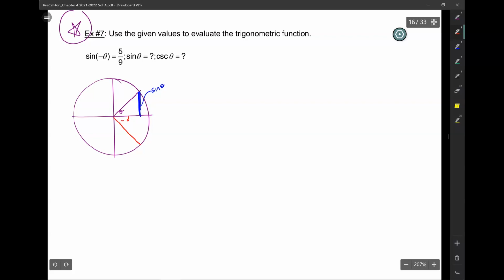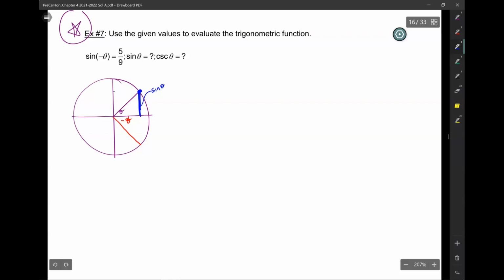That's the sine of theta, and remember, that just represents a distance, the value of that y coordinate.